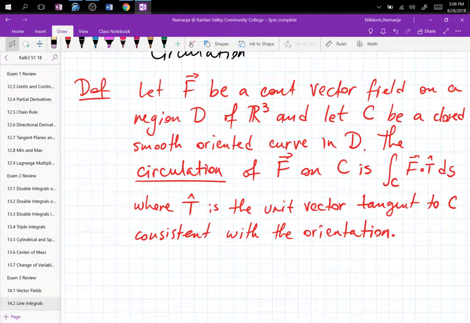All right, so now to calculate circulation, I hope you hear the word circle in it, and I hope you are trying to connect this to some type of rotation, because now we are going to consider the circulation of the radial field, and the circulation of a rotational field. Which one is going to have a circulation?